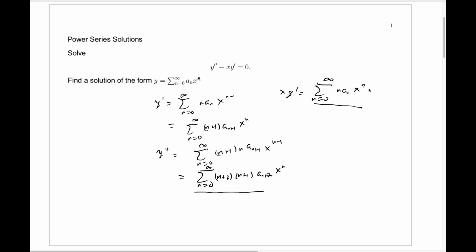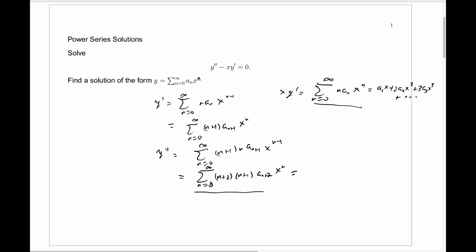It's always a good idea to write down a few terms just to make sure you're doing everything correctly. In the series for xy prime, when n equals 0, the term is 0. When n equals 1, you get a1 x. When n equals 2, you get 2 a2 x squared. When n equals 3, you get 3 a3 x cubed, and it continues like that.